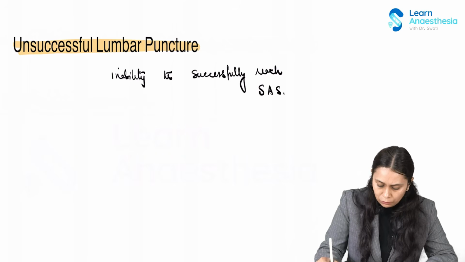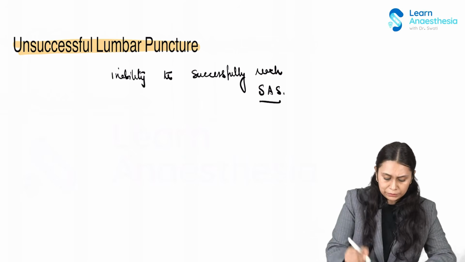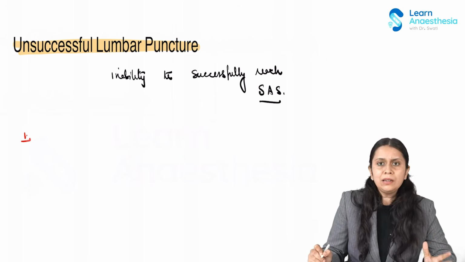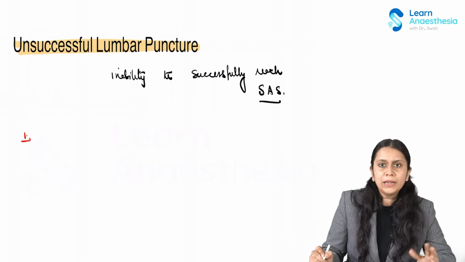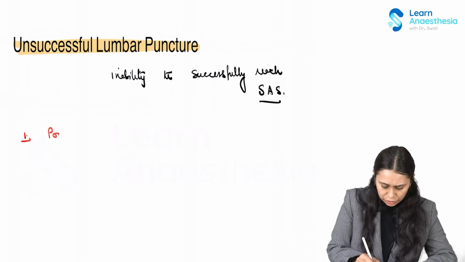Now, what could be the reason for this? There could be multiple reasons. Number one, while giving the neuraxial blockade and going through the interspinous space, proper patient positioning is required. So maybe the patient position was not adequate. So, poor patient positioning.